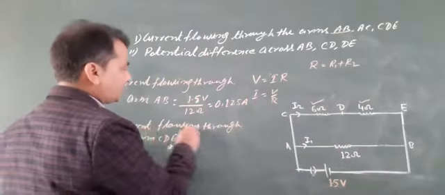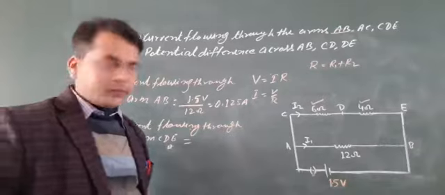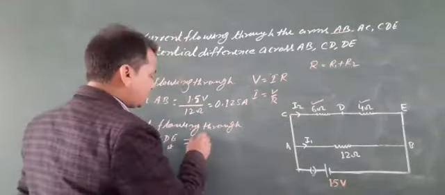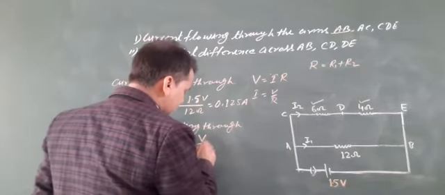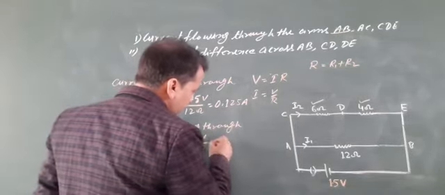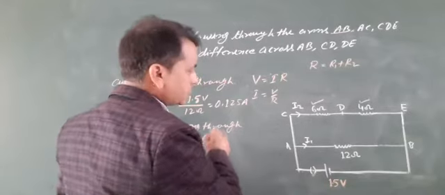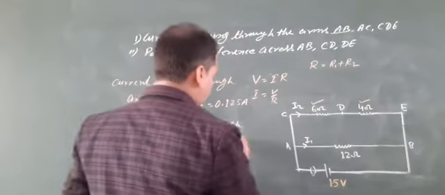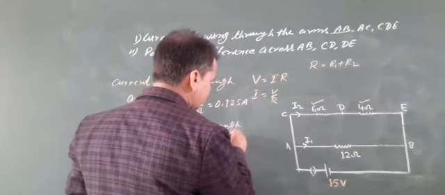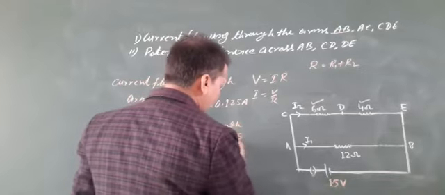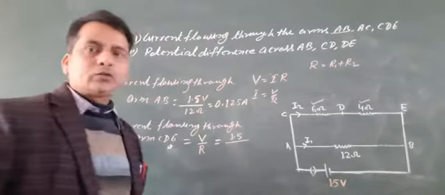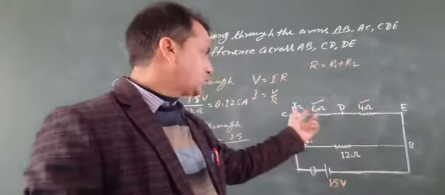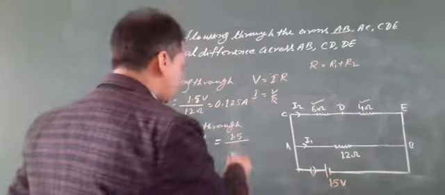Then the current flowing through the arm CDE: the current I equals potential difference by resistance, V by R. The potential difference given is 1.5 volt, and the resistors 6 and 4 are connected in series, so the equivalent resistance is 6 plus 4.